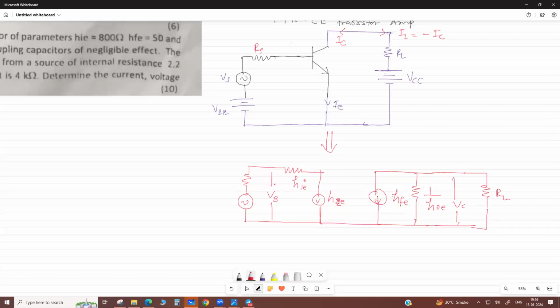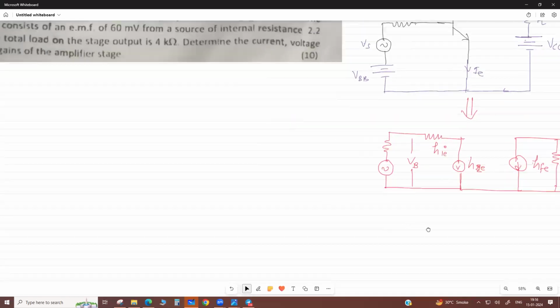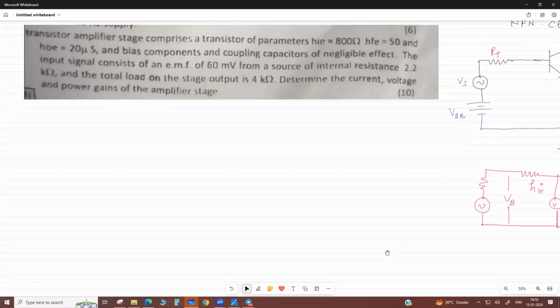So this is the two-port network with H parameters. Now we write the parameters given. I will write the current later; first, what H parameters are given.